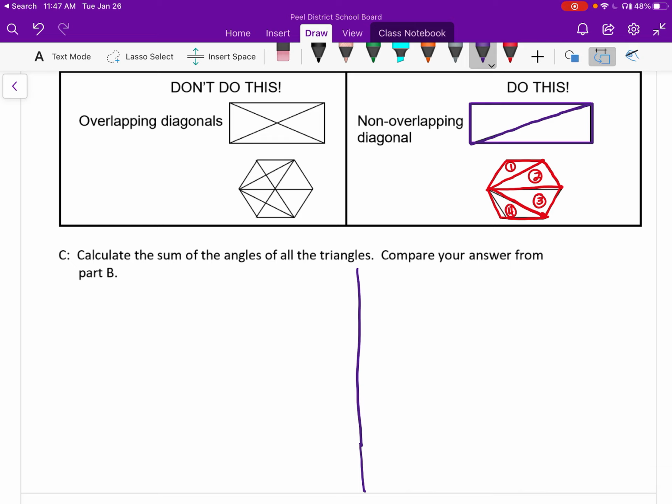So it says, calculate the sum of angles of all the triangles. Let's do triangle 1. This is going to be 1, 2, 3. I know that inside this triangle, it's going to be 180 degrees. So triangle 1 equals 180 degrees. Triangle 2, still a triangle, still going to be 180 degrees.